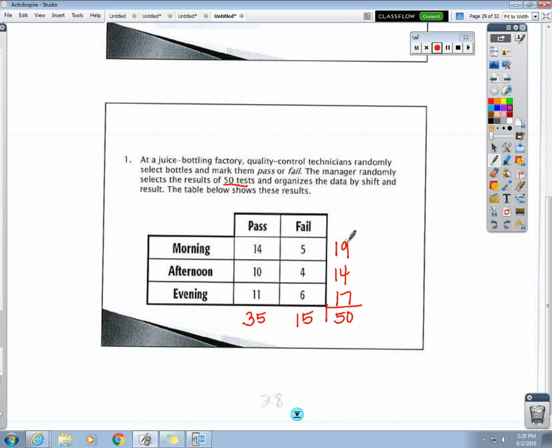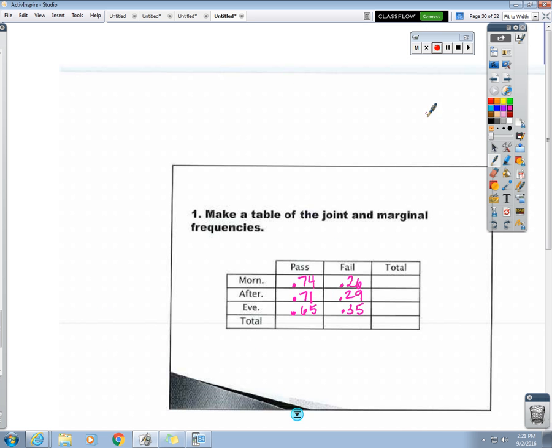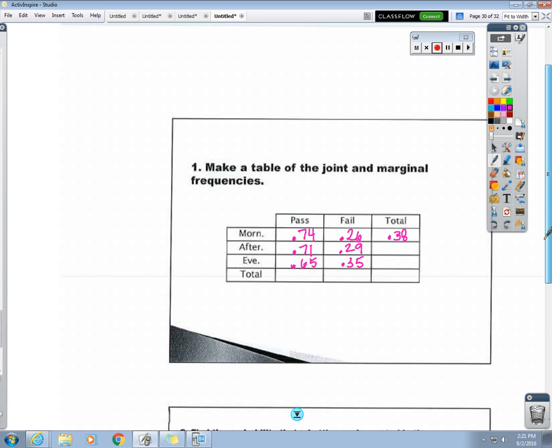So what percent is that of the whole day's testing? 0.38, because 19 divided by 50 is 0.38. Okay, how many total tests were conducted in the afternoon? Okay, and out of the whole day's 50, what percentage is that? 0.28.